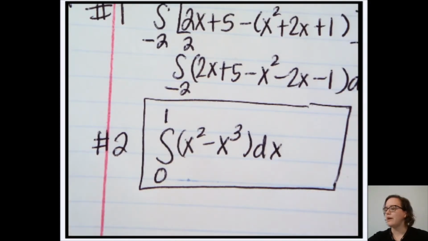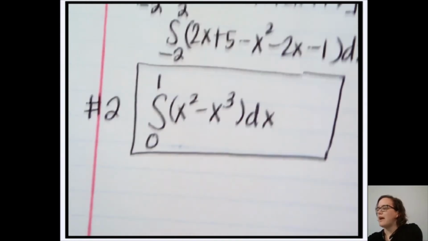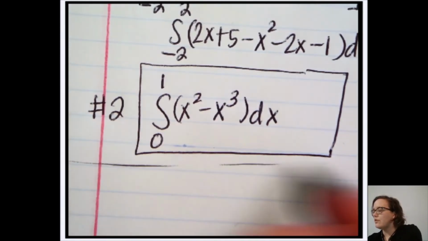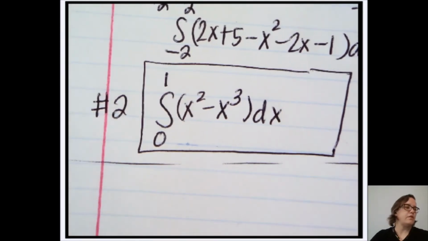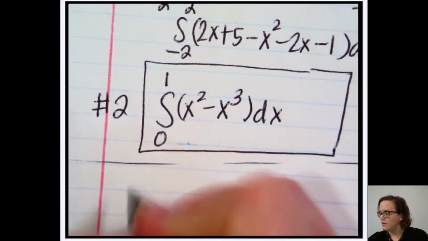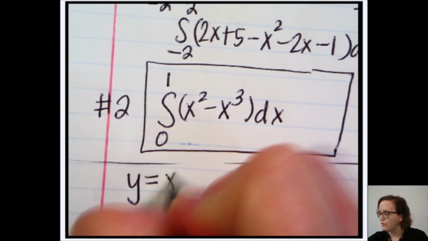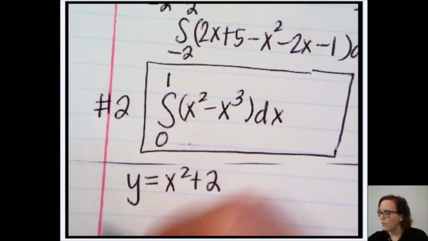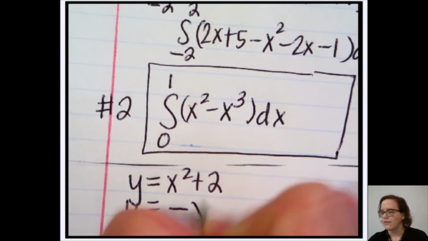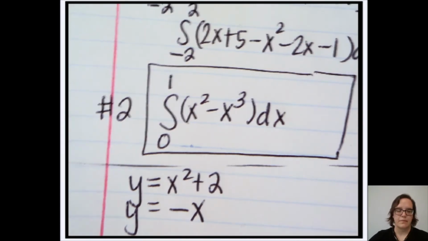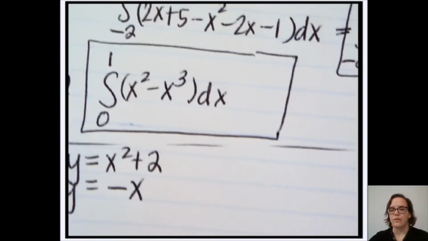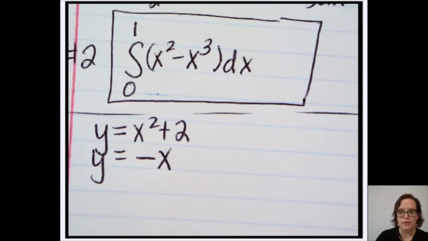Okay, so let's go ahead and jump to one that we actually are going to solve. Let me find my notes. So let's say we have y equals x squared plus 2 and y equals negative x. So we should know that this is a parabola and that we have a line.